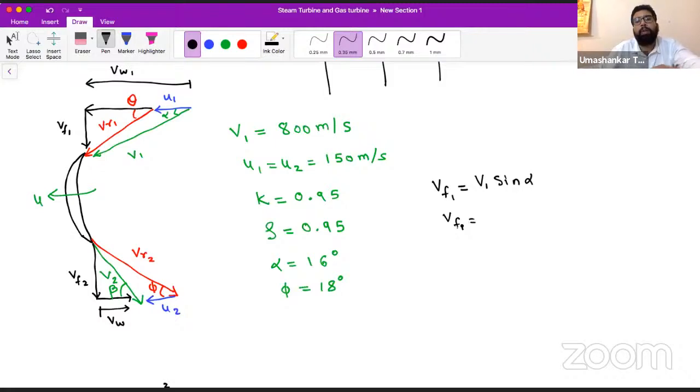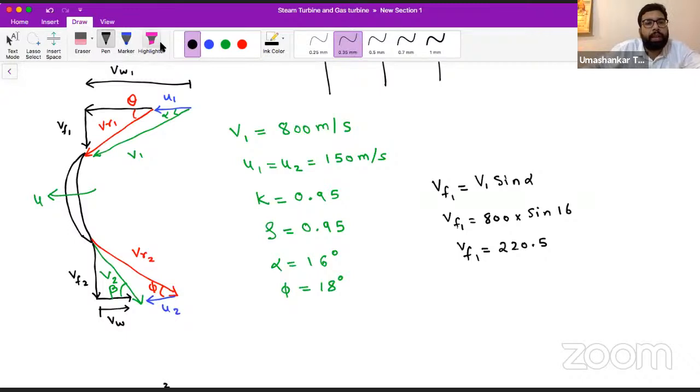We can use our calculator: 800 into sine 16 degrees. Madhusmita, thank you, you have given me the answer. It is 220.5. Everyone who is live, please respond, then only you will get the maximum benefit out of it. So we have VF1.